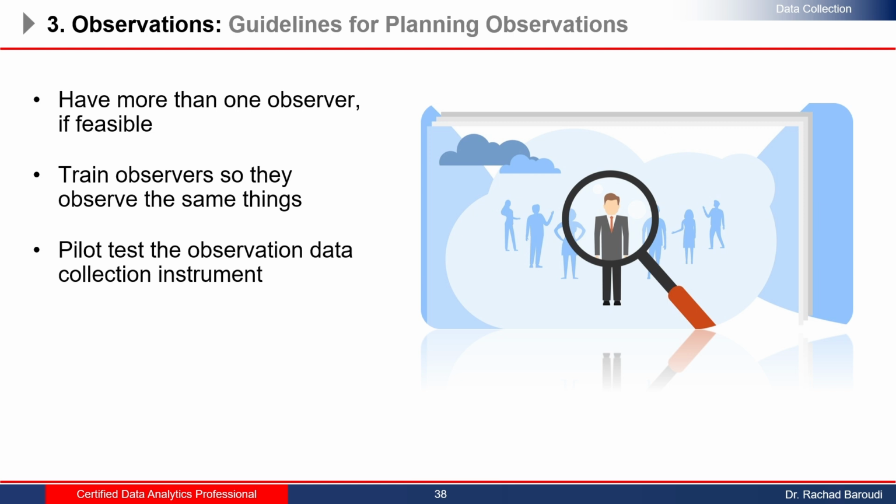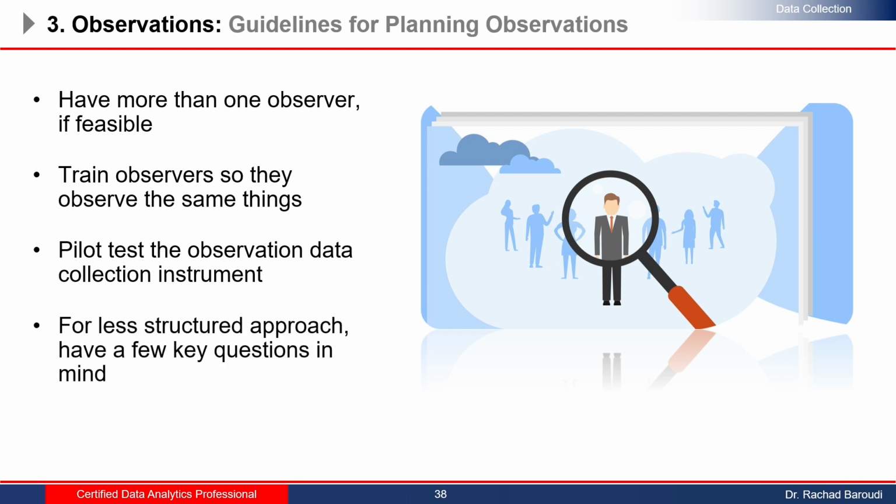You can stop the observation, go back to the design phase, and redo it again. For less structured approach, have a few key questions in mind so they don't be surprised when you go and ask them all the questions. Everybody in the team will go and use the same exact questions in this case.